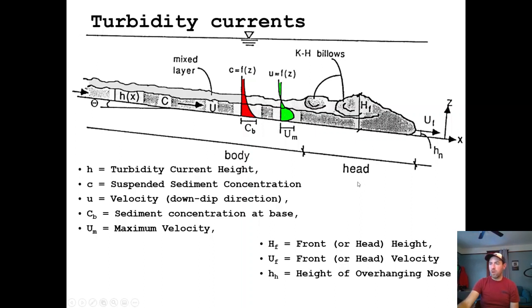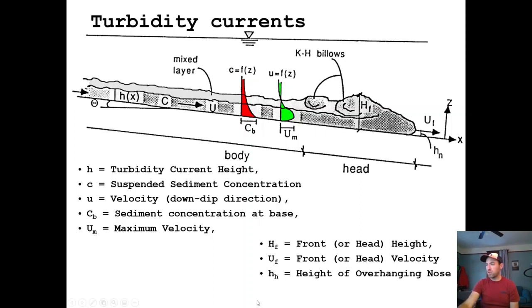You can describe it by its suspended sediment concentration, just like in any other flow, the proportion of the flow that is made up of sediment. It has some velocity in the down dip direction. It might have some sediment concentration at the base, and then it decreases upwards, right? It has a maximum velocity. And you can sort of parameterize and start to describe individual types of turbidity currents using any of these terminology.